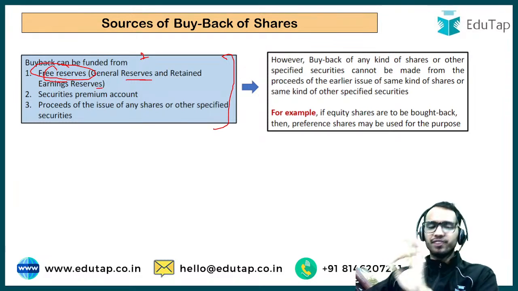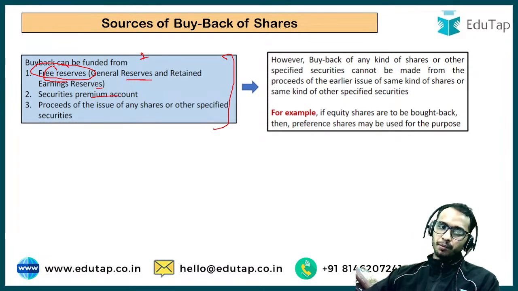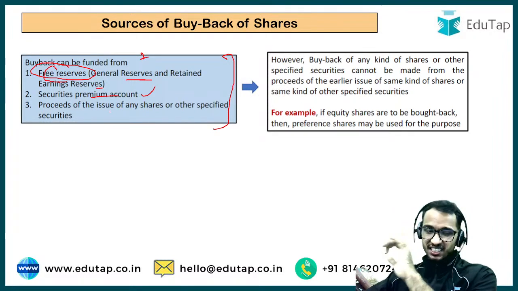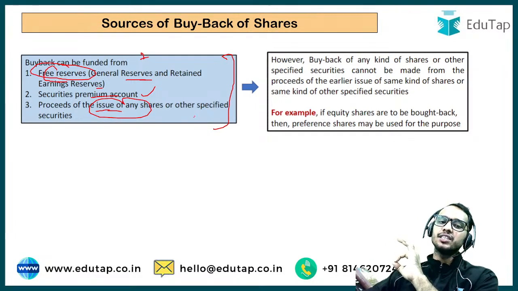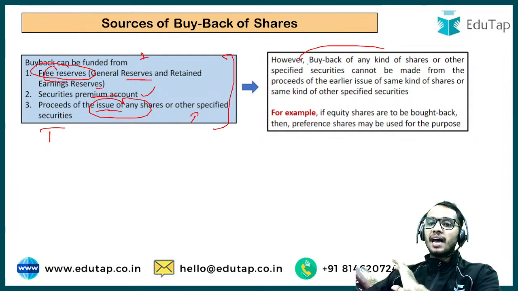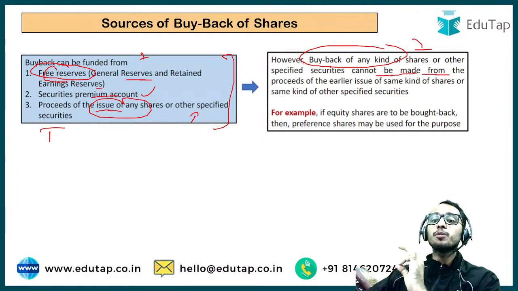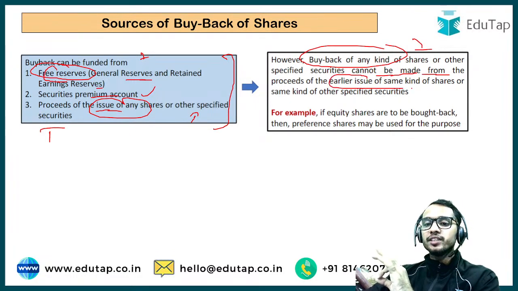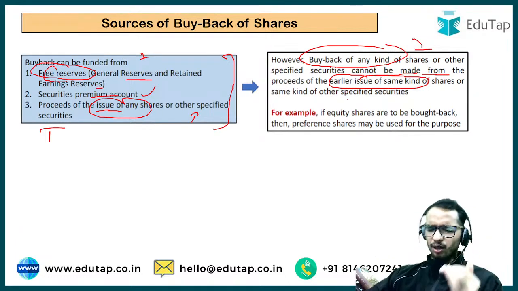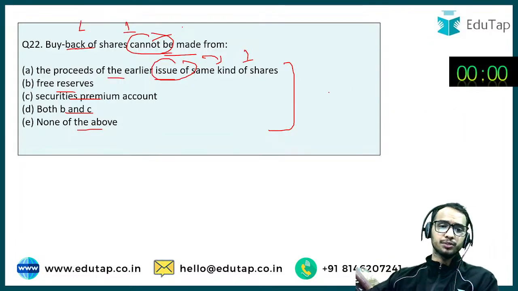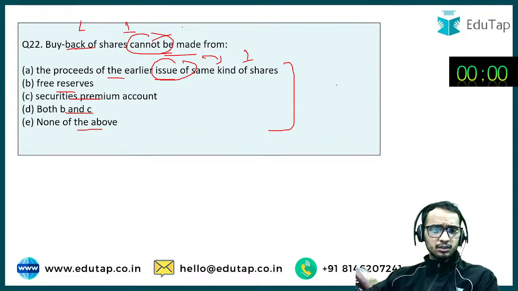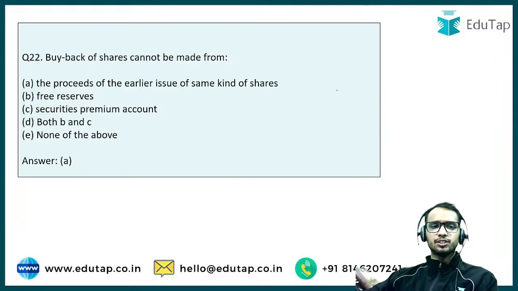Free reserves, security premium account, plus proceeds of the issue of any shares or other specified security. But buyback of any kind of shares or other specified security cannot be made from the earlier issuance of same kind of shares. So that's why we have eliminated that option. Okay? Correct? So everyone was correct, I guess. Option number A was the correct answer.